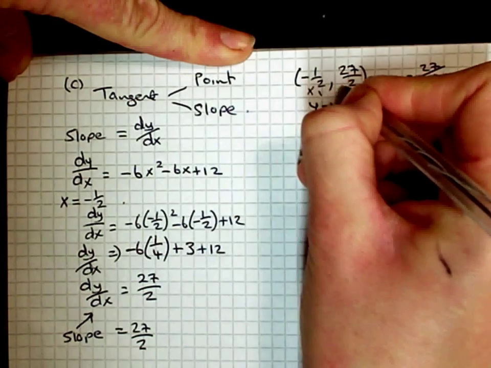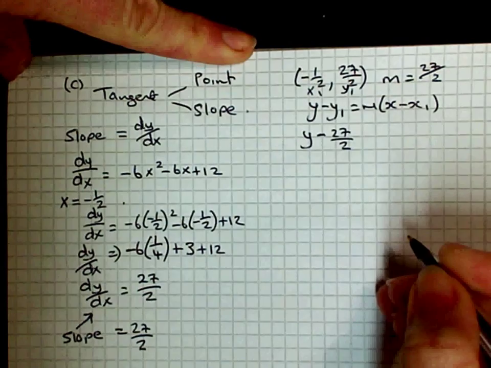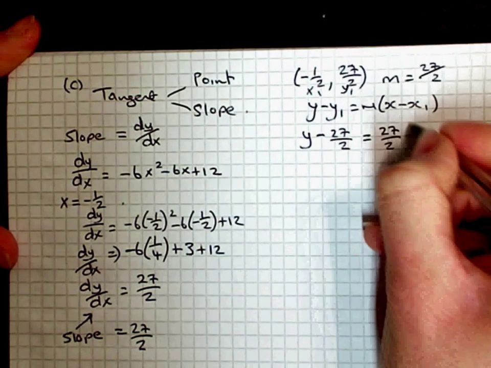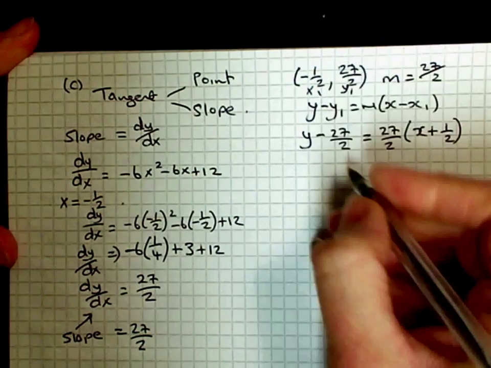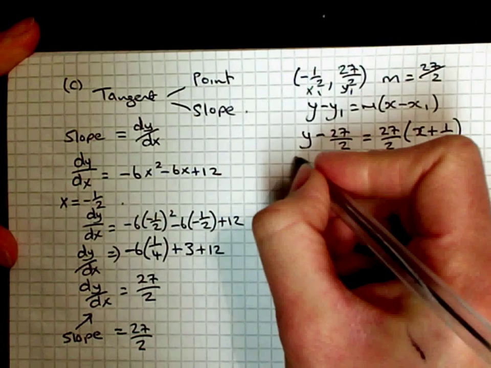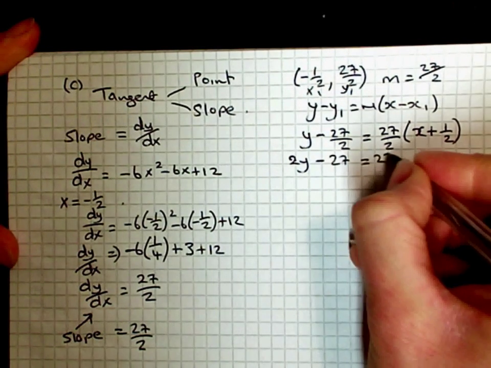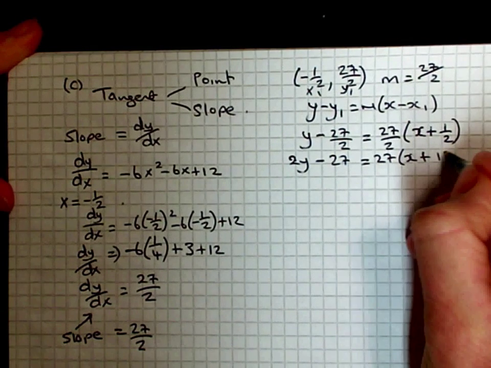This is your x1, your y1, so it's y minus 27 over 2 is equal to 27 over 2, which is the slope, into x plus a half, okay, because it's minus a half. Going to multiply across by 2, so 2y minus 27 is equal to, the 2 is going to cancel here, so 27 into x plus a half.